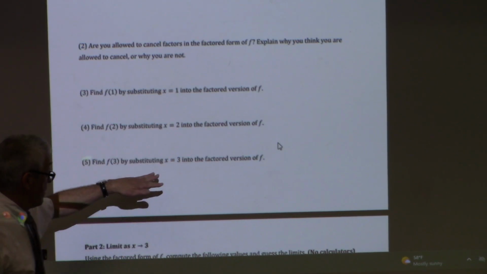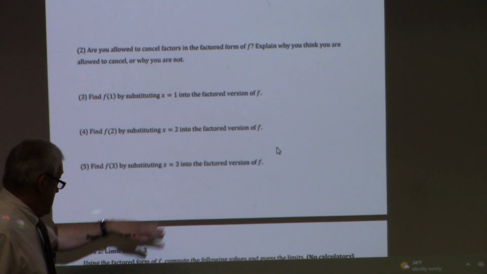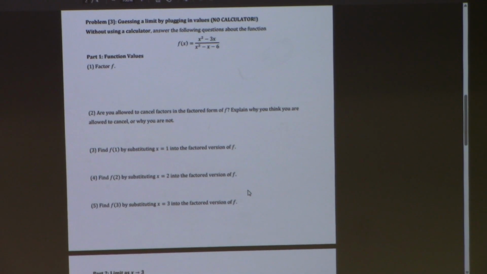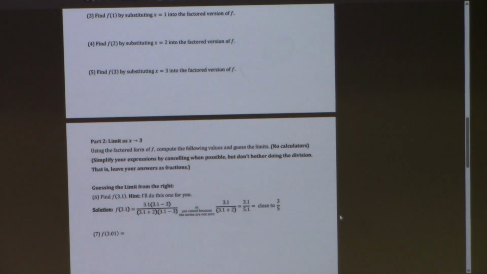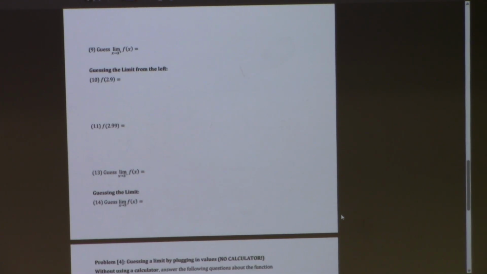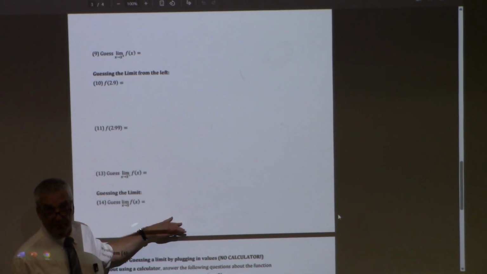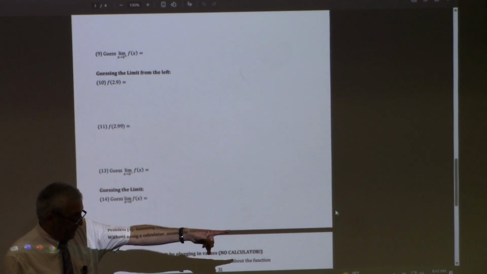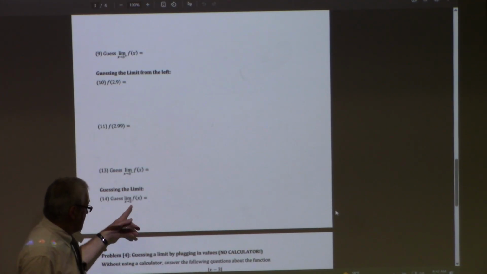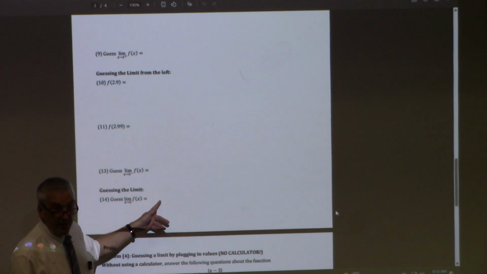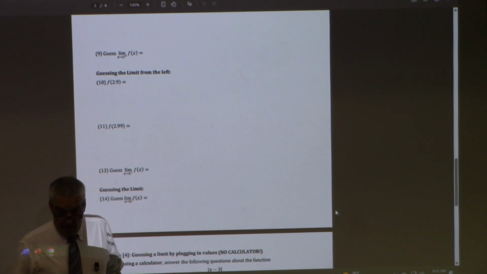As x gets closer and closer to 3, you found that the y values got closer and closer to 3/5. That's a trend that sounds just like that. As x gets closer and closer to 3, the y values got closer and closer to the number 3/5, so the limit was the number 3/5.